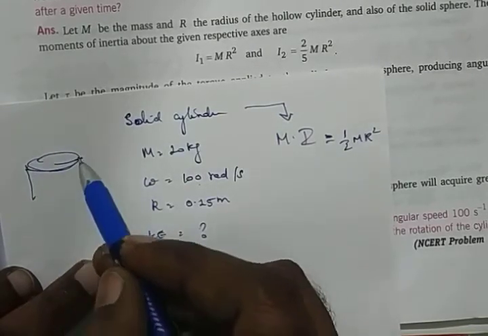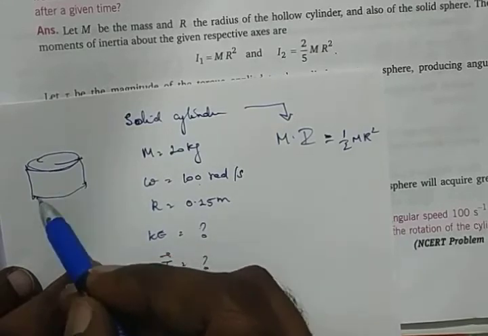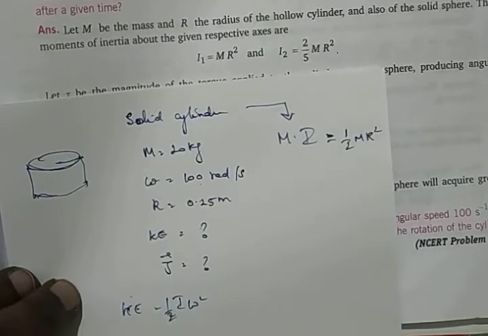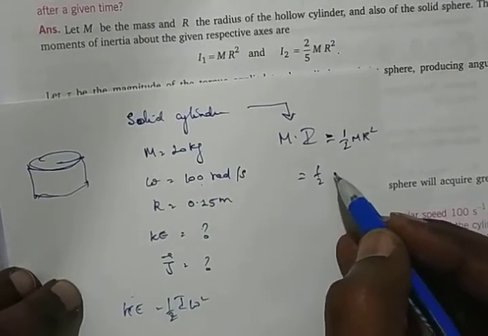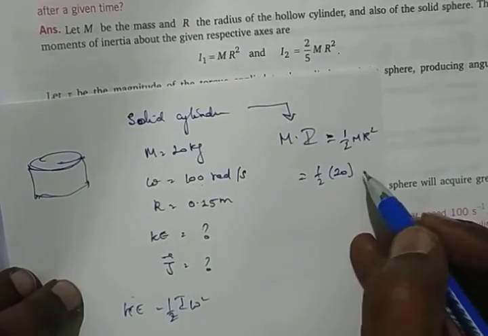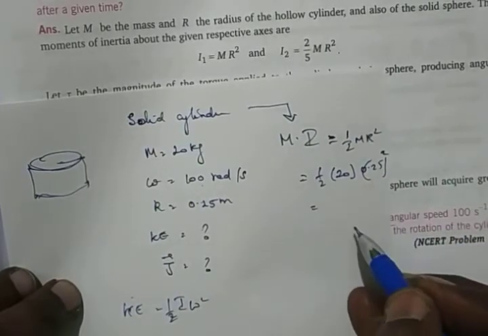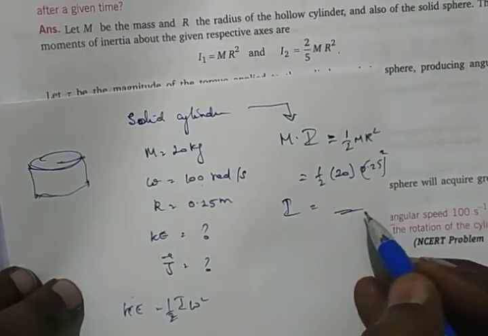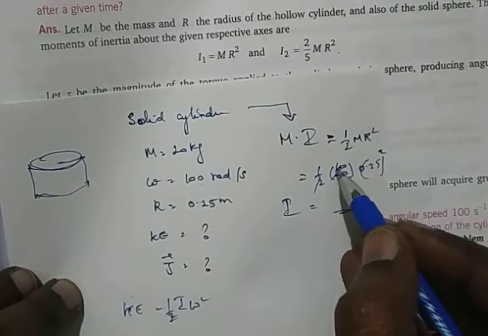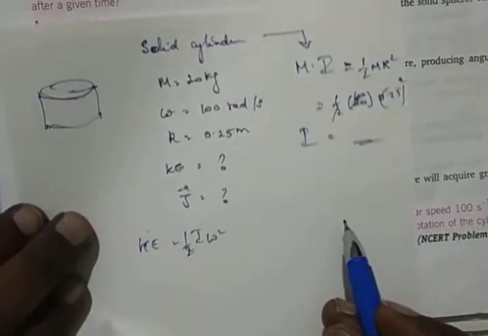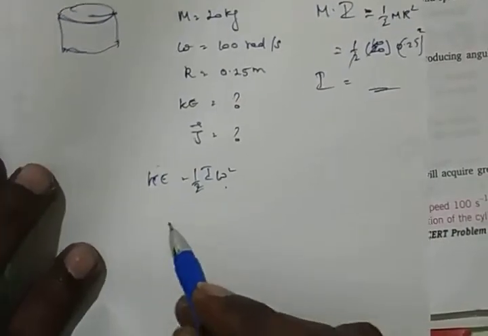The cylinder is the same thing, right? So half mr square is equal to half into 20 into 0.25 the whole square. So you will get the moment of inertia here.